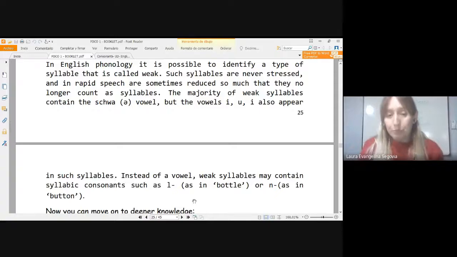I am going to stop sharing so that you can see me. We know that we have syllables in different words that are more important than others. Those syllables which are stronger are called strong syllables or stressed syllables. They have different characteristics that we're going to see next class.